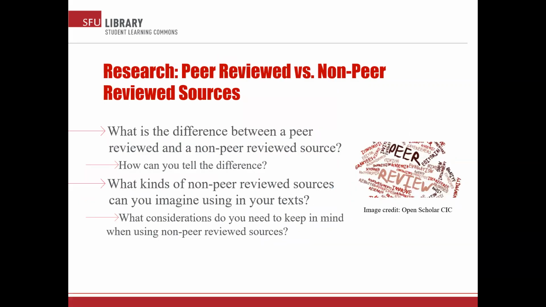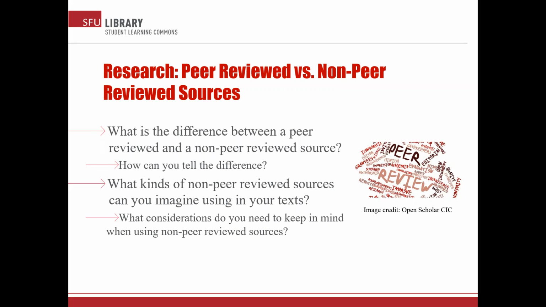Now, you might still be wondering what the difference is between peer-reviewed and non-peer-reviewed sources. If so, keep in mind that peer-reviewed sources are written by scholars, typically submitted to a journal, and they then go through a process where other scholars, who are usually experts in the field, review the article before it can be published. Here, the reviewers will provide feedback and make comments about improvements that need to be made, which will then be sent back to the author, and the author will have to address these comments and resubmit their article.